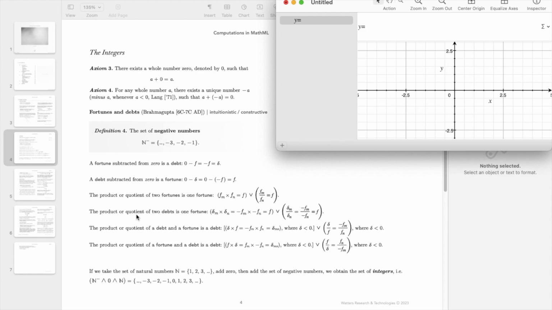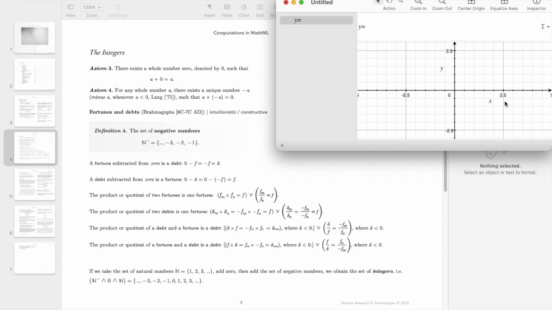So let's think it through. The quotient of two debts is a fortune. So here, now we're discussing this case. I've got my two debts, I've got my substituted values, and I end up with a positive value.